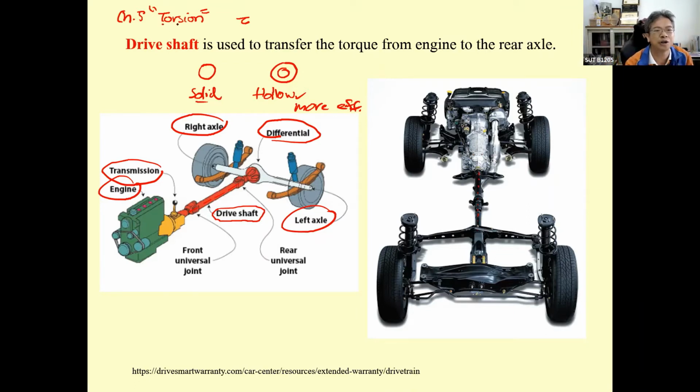The torsion will produce the shear stress, and the shear stress can be determined from the torsion times R divided by J. Okay, if you take the model of this shaft and then you put this symbol into the shaft, the symbol for the torsion is going to be an arrow with a double head.